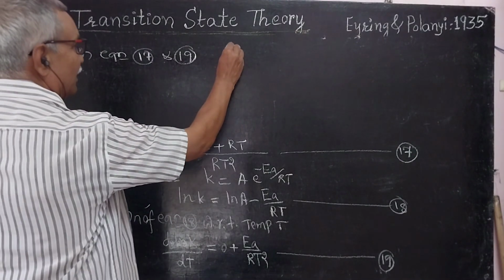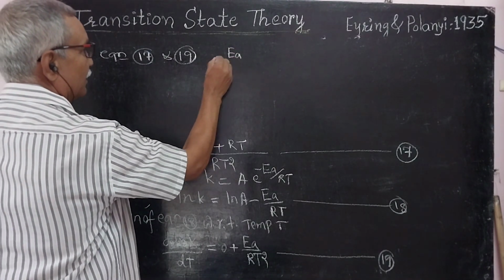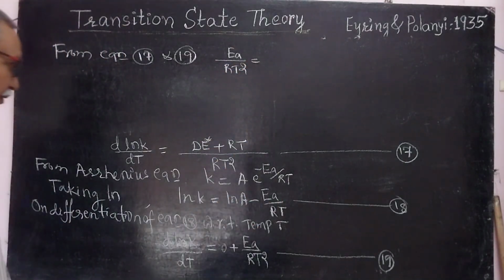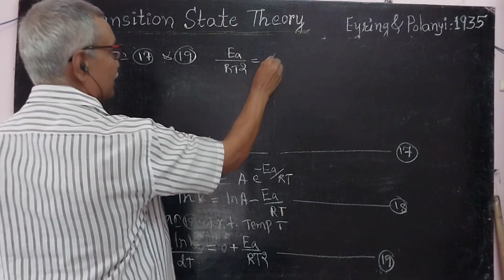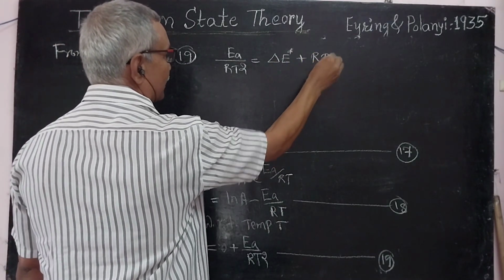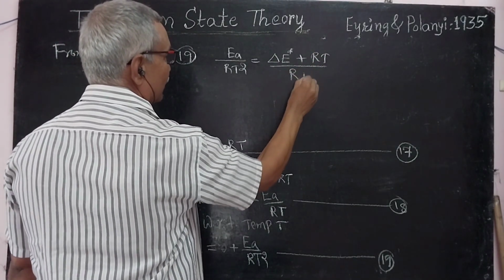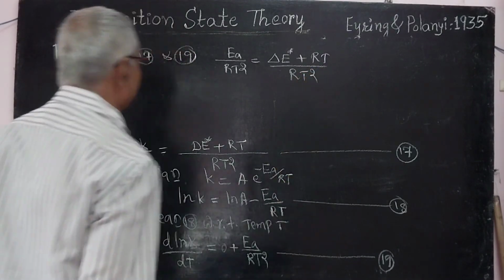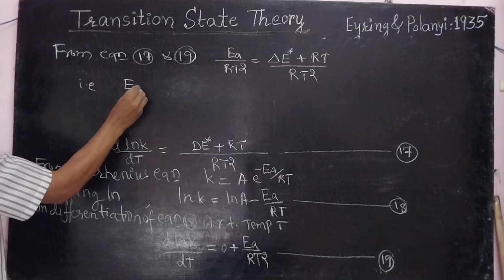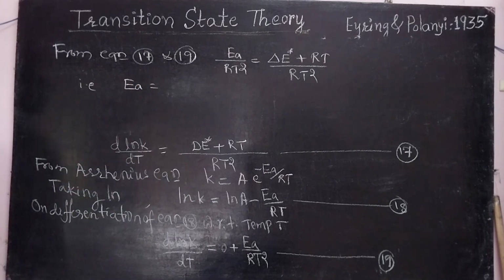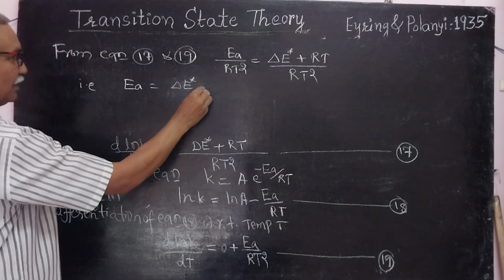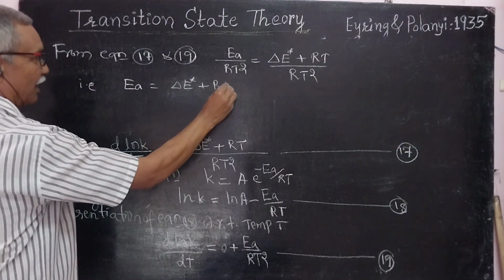Then you are going to get EA divided by RT square is equal to delta E star plus RT divided by RT square. That is, EA, the energy of activation, is equal to the enthalpy of activation plus RT.